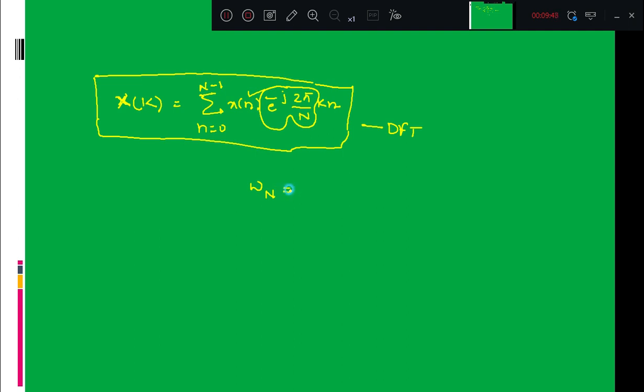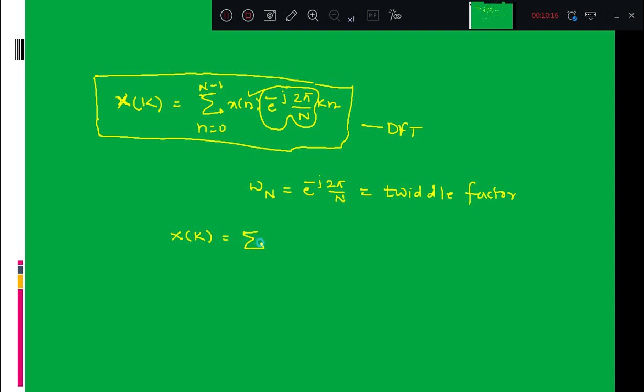This W_N is a complex quantity given by e^(−j 2π/N), and this complex quantity is also known as the twiddle factor. What is this called? Twiddle factor, right?